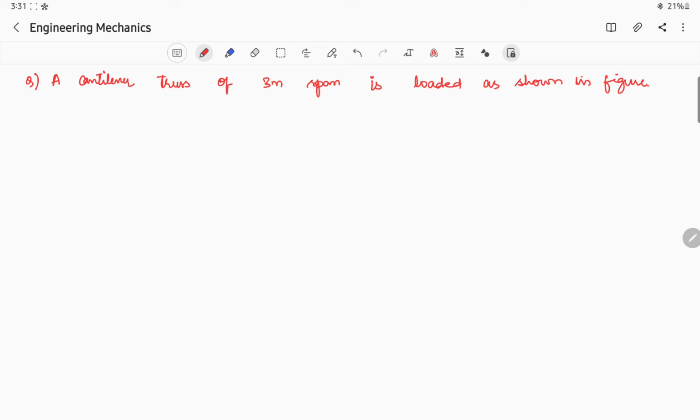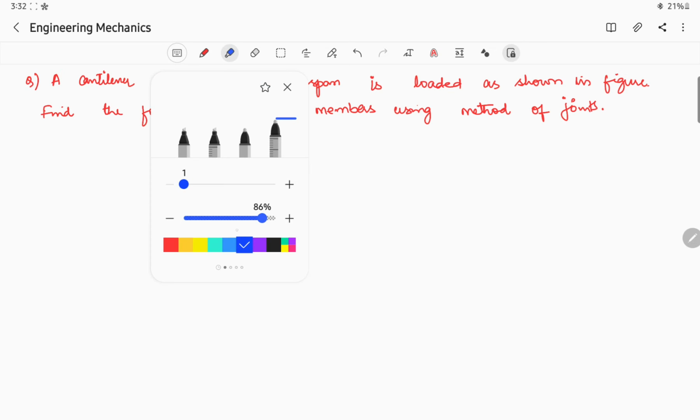Find the forces in various members using method of joints. Okay, so the frame is given in the question itself.